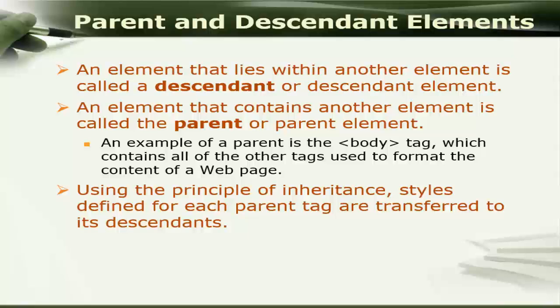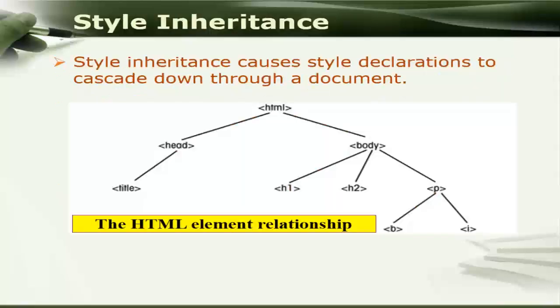So if you have an element that is contained within another element, for example, here we have the bold and italic being part of the paragraph, then we say that the P is the parent of B and I, as well as H1 and H2 are the children of the body.